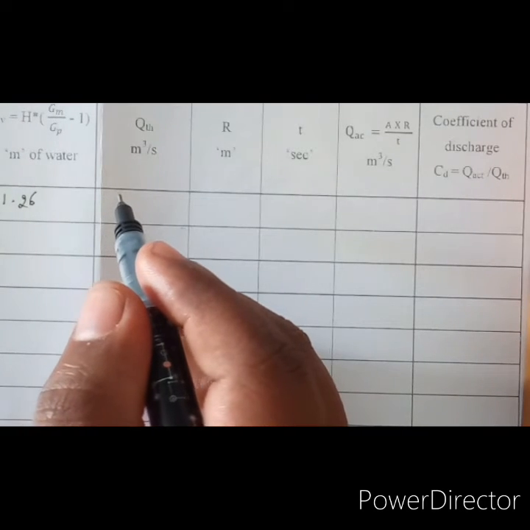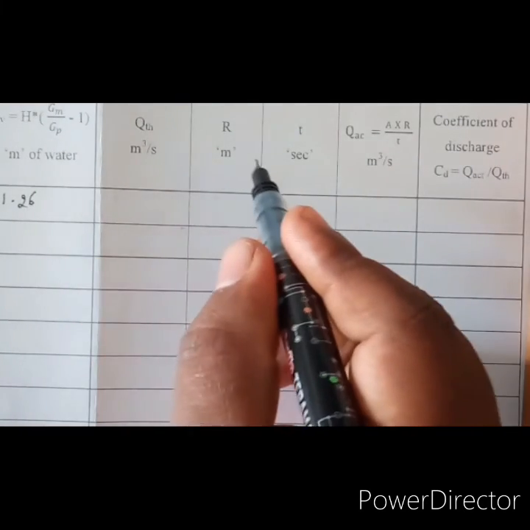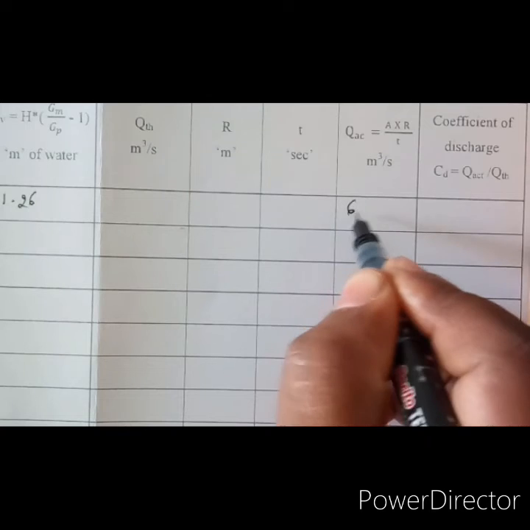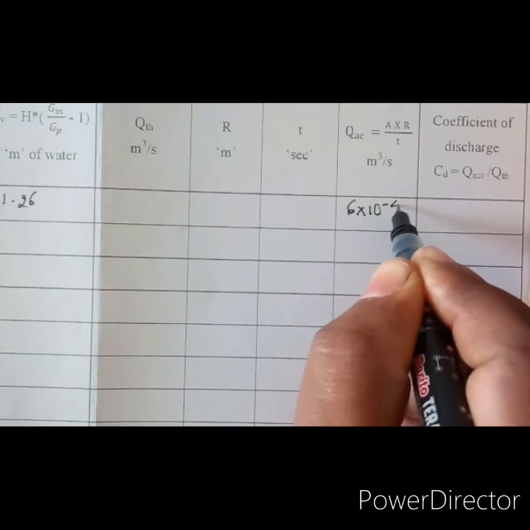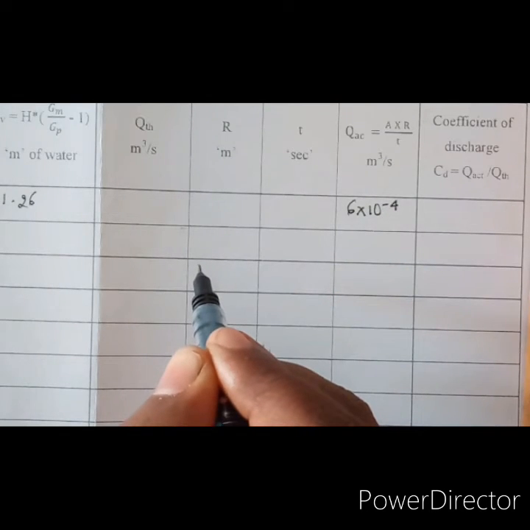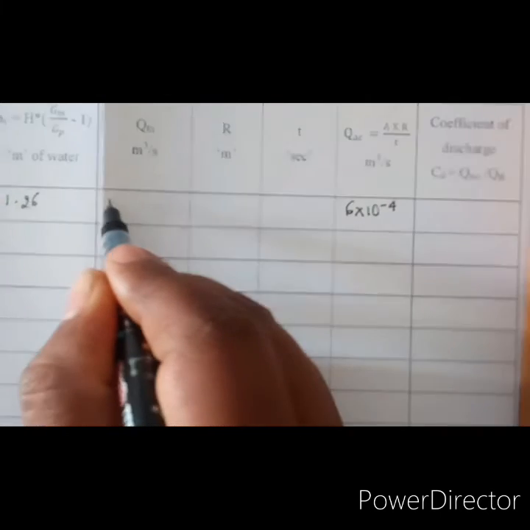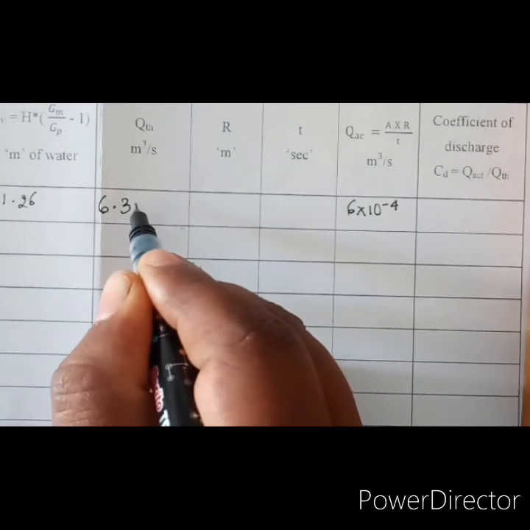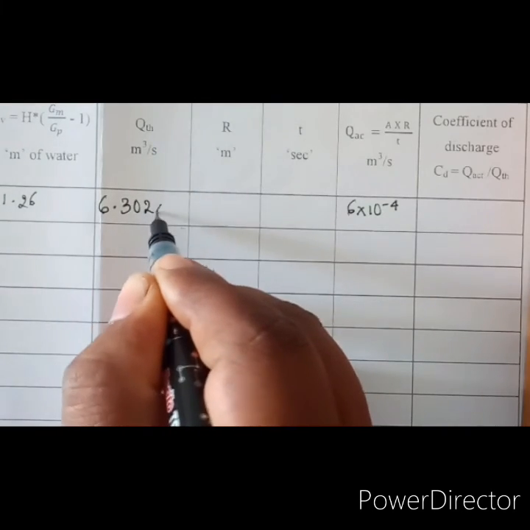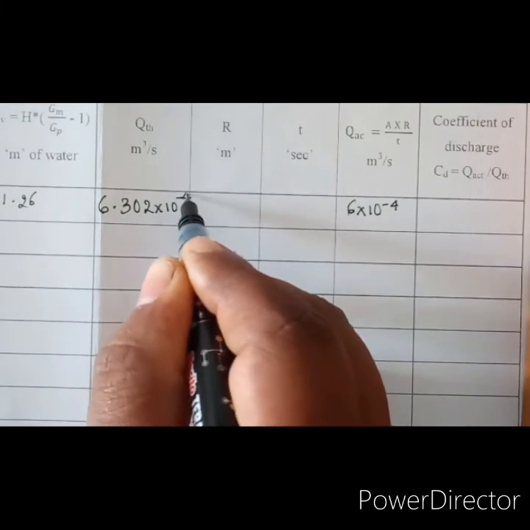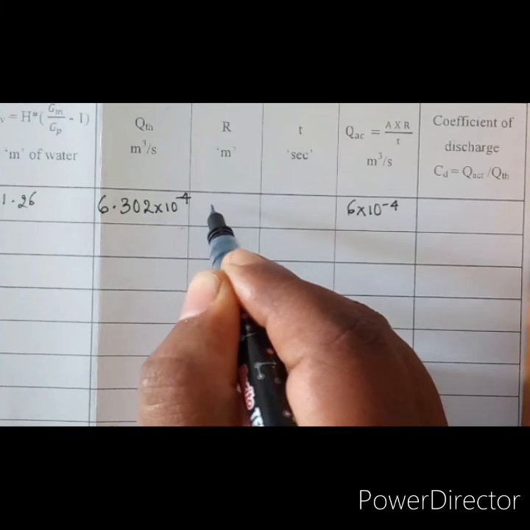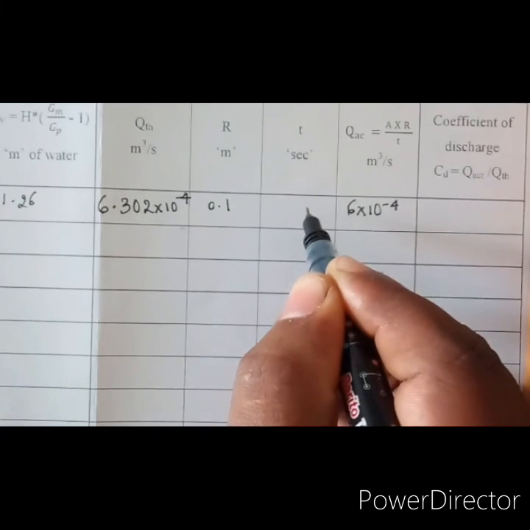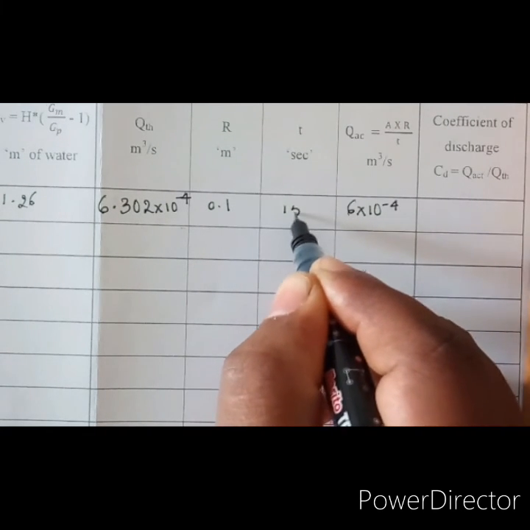For the first trial case, the actual discharge is taken as 6 into 10 power minus 4 meter cube per second, and by the formula for the theoretical discharge, it is taken as 6.302 into 10 power minus 4 meter cube per second for a 0.1 meter rise in the collecting tank, which is 15 seconds.